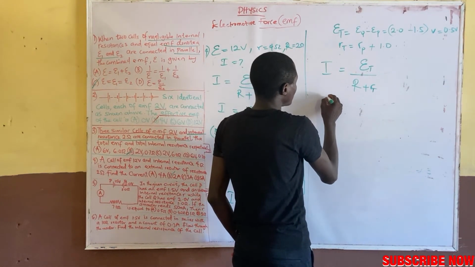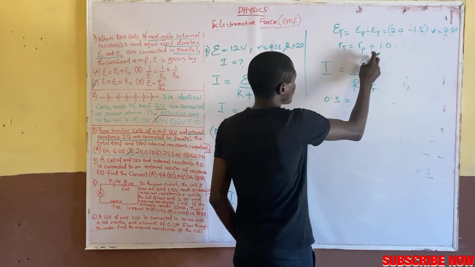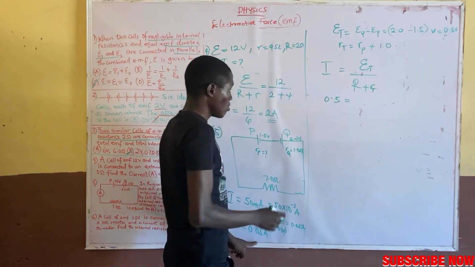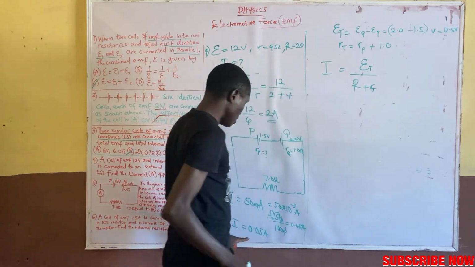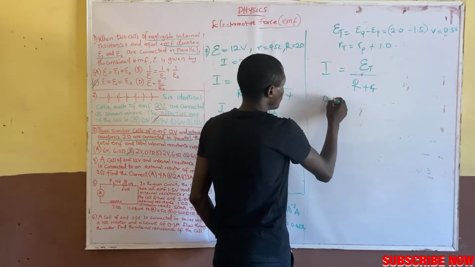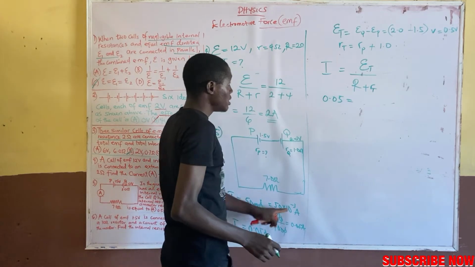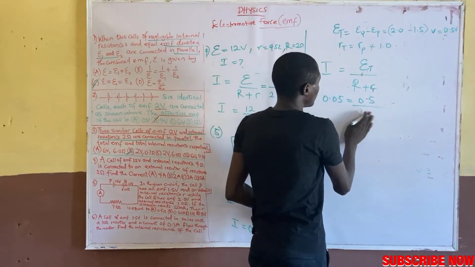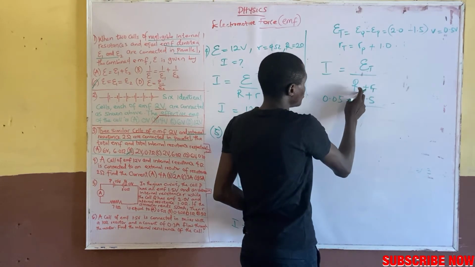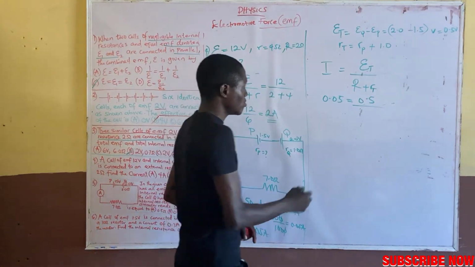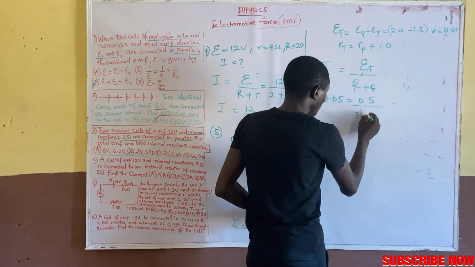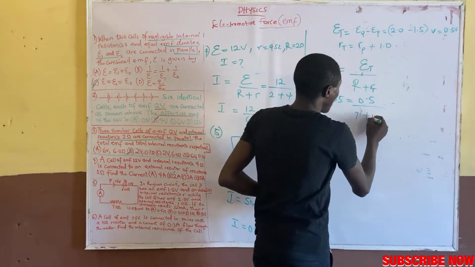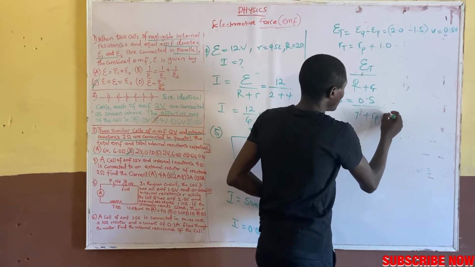So we have 0.05 equals the EMF given here, 0.5, all over the external resistance, which is 7, plus the total internal resistance, Rp plus 1.